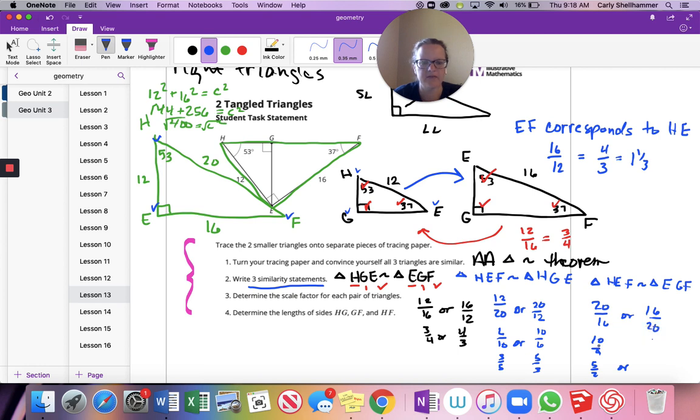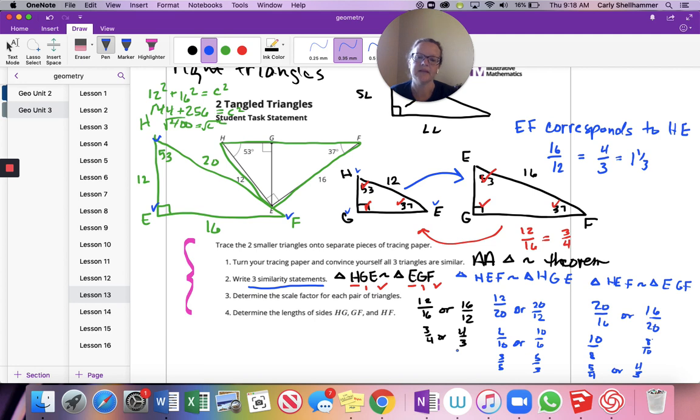Oh, that's not half. I forgot how to divide by 2. It happens. Cut in half, 10 over 8, cut in half again, 5/4. 8 over 10, 4 over 5. So those are my scale factors, okay, the last sets.